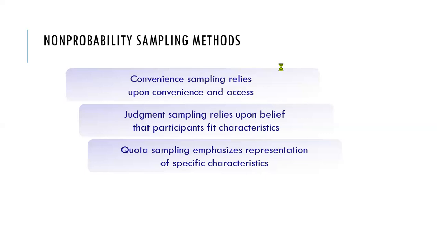And there are different techniques. We have convenience. Convenience is what I just described. It's purposive. You get there, you realize that these 5 people are available, or you've met these 5 people who are available for such a study. You talk to them. Let's say you are conducting research on a court case.